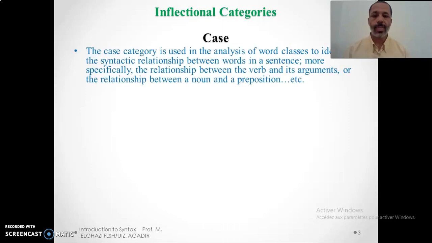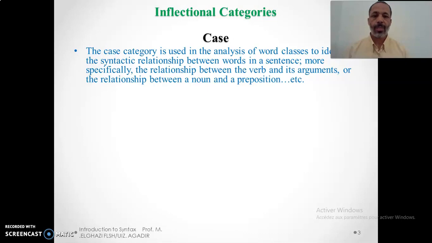Case is a category used in the analysis of word classes to identify the syntactic relationship between words in a sentence. More specifically, the relationship between the verb and its arguments, or the relationship between a noun and a preposition.